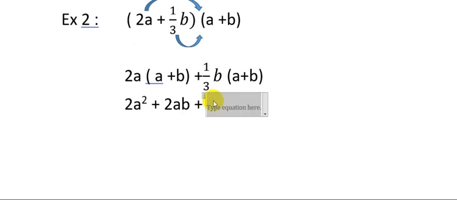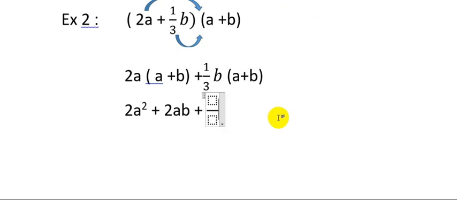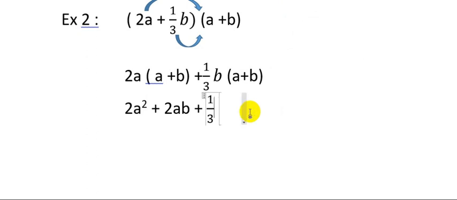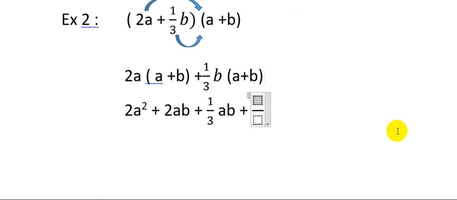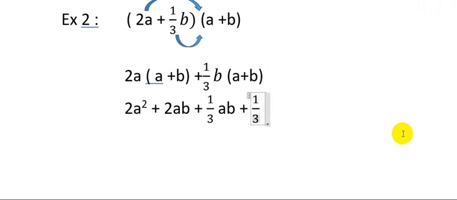So I'll just mention plus 1/3 ab. The last term would be plus 1/3 b multiplied by b, which is b to the power 2, or in other words b square.